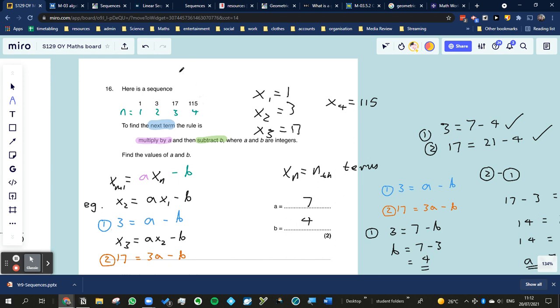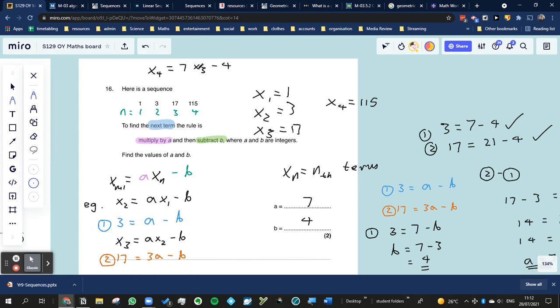In other words, the fourth term, so not n, x4, should equal a multiplied by x3, and then take away b. Now I'm saying that a is 7, so it should be 7 multiplied by x3, and now I'm saying b is 4, so take away 4.